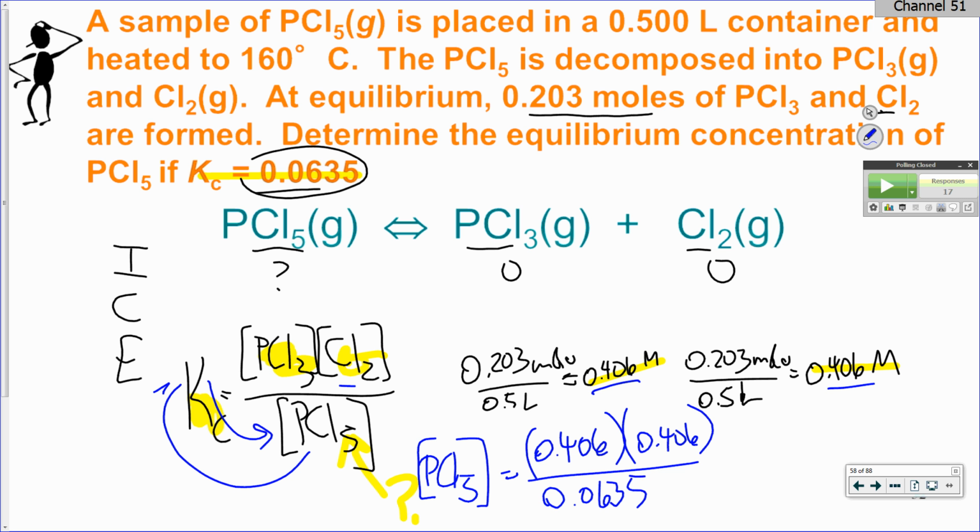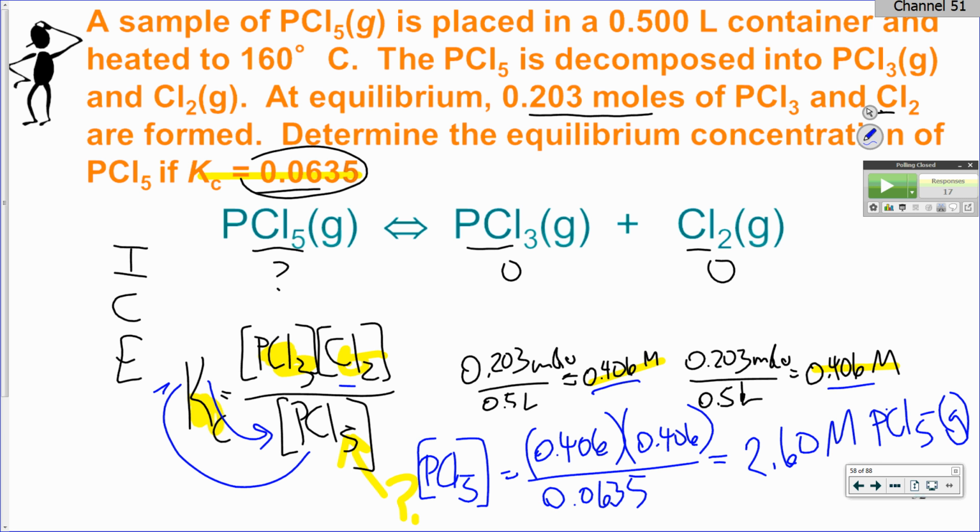So, just a plug and play. 0.6 molar is the equilibrium concentration of the PCl5 gas.